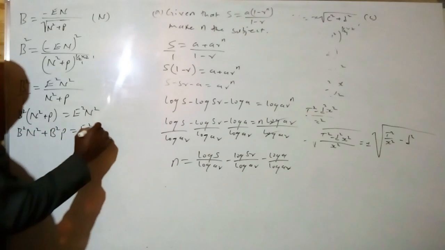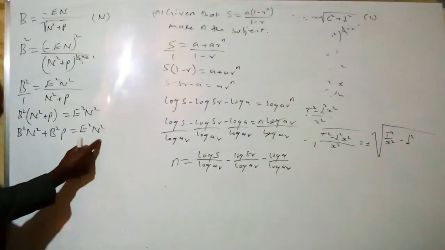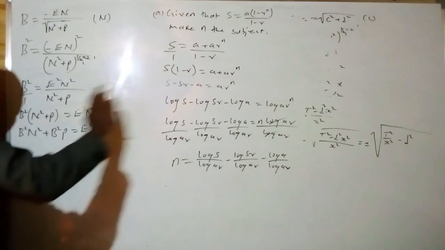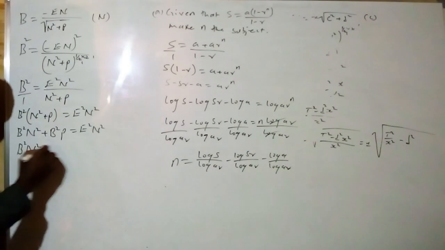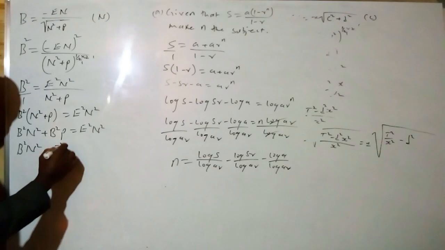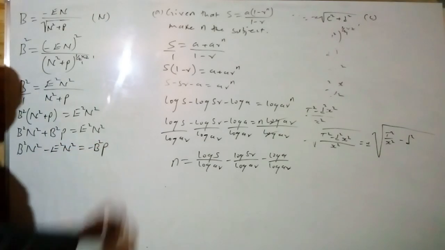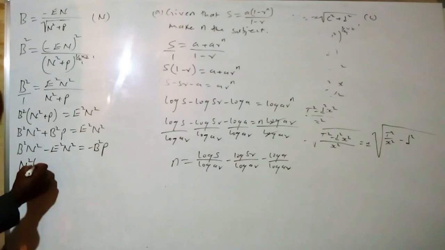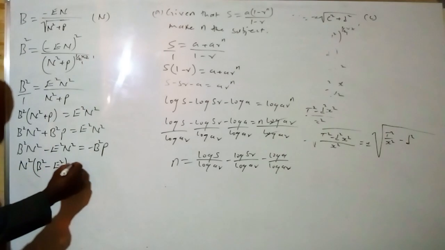And you're supposed to make n the subject of the formula. Our n will be on our left hand side. Values without n, we take them to our right hand side. b squared n squared minus e squared n squared is equals to negative b squared p. n squared is common, we take it outside the bracket: n squared (b squared minus e squared) is equals to negative b squared p.